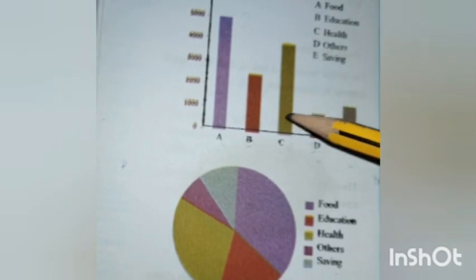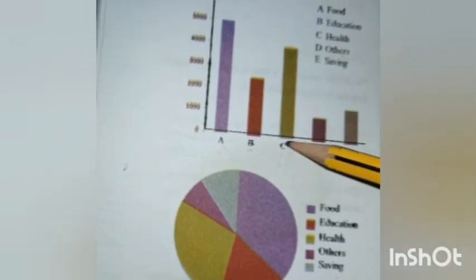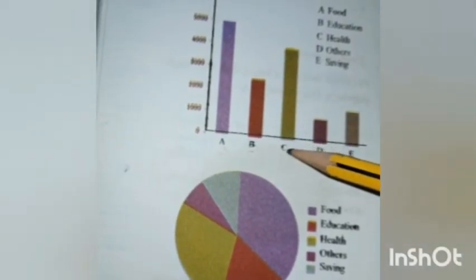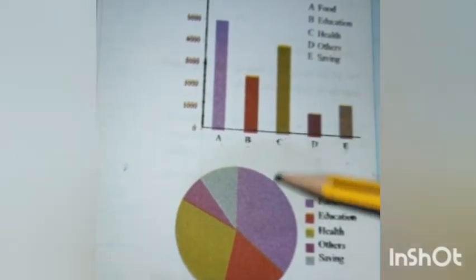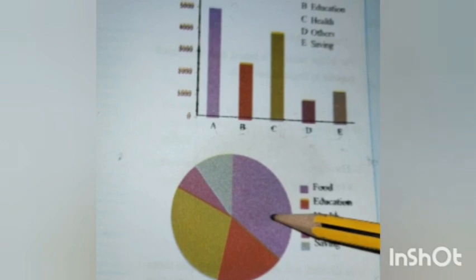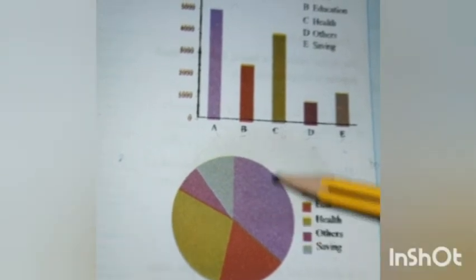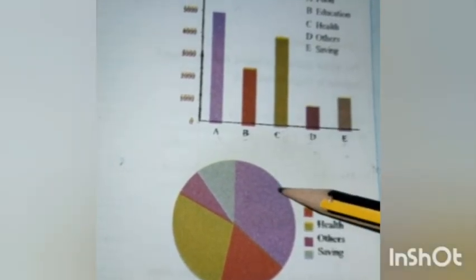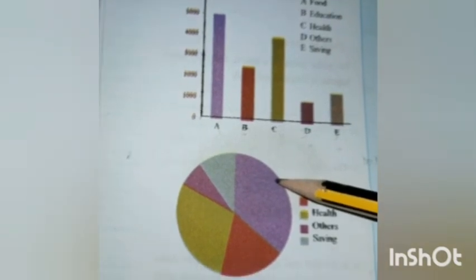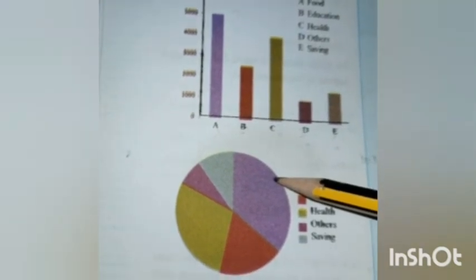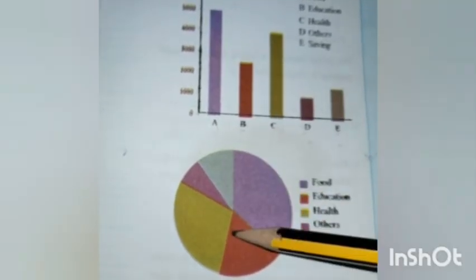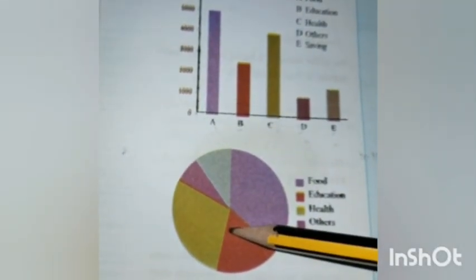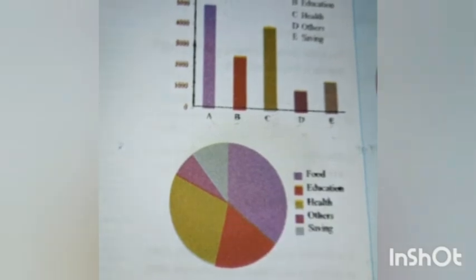But we cannot directly see the fraction of the total for each. That is easier in the case of a pie chart, but the actual amount of each is not easy to see in it. Each type of picture has certain advantages and benefits. Here directly you can identify the amount, but here they are giving fractions, and in that fraction the expense is given.